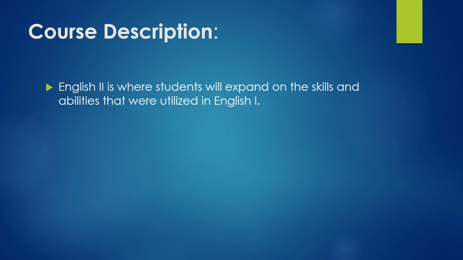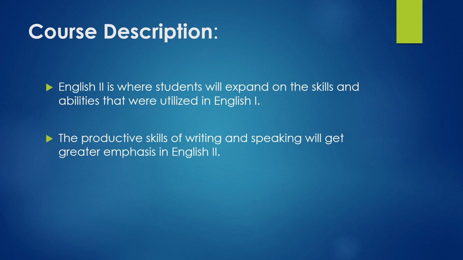There are grammar points that we have to study. There's vocabulary, and then there are speaking and writing activities. We will probably have to focus on the writing a little bit more while we do the online classes. So the productive skills of writing and speaking will get greater emphasis.